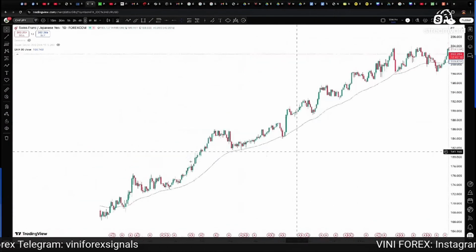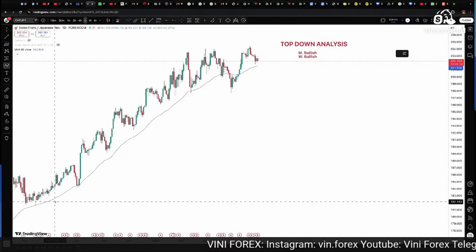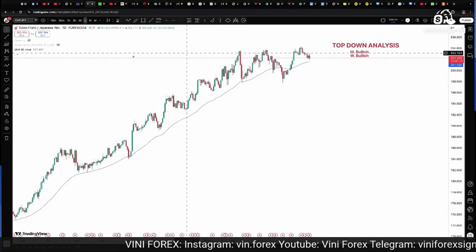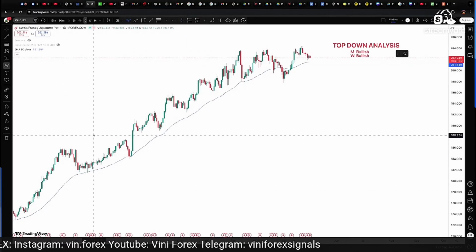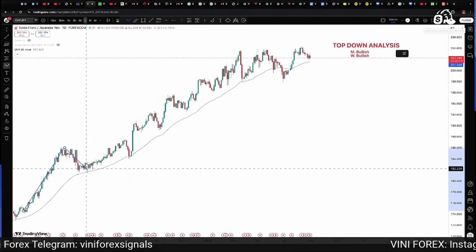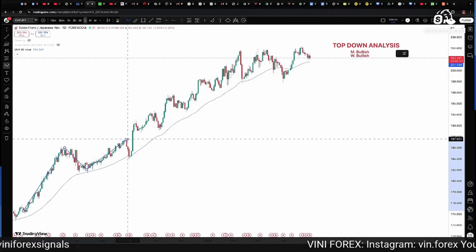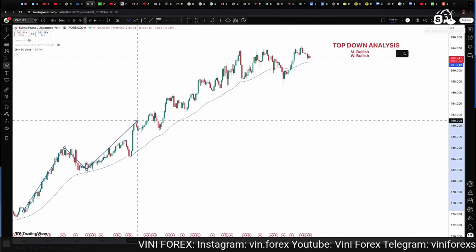Looking at the daily, it is also still making an uptrending pattern. It comes up here, gives us a high, gives us a low. Still gives us a high here. You can count that if you want, or you can jump it this way.